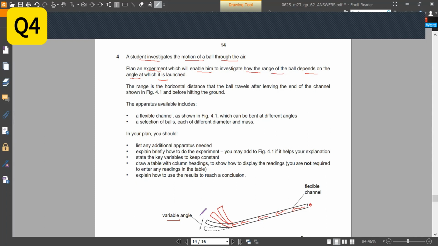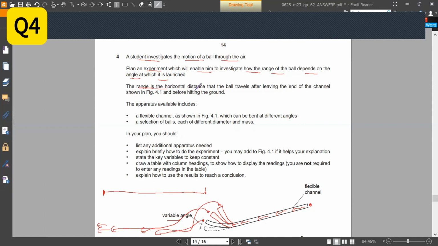So when the ball comes out, it will start rolling on the ground. So depending on what angle it comes down, it can affect how far it will travel after it falls down. So that is the main point.